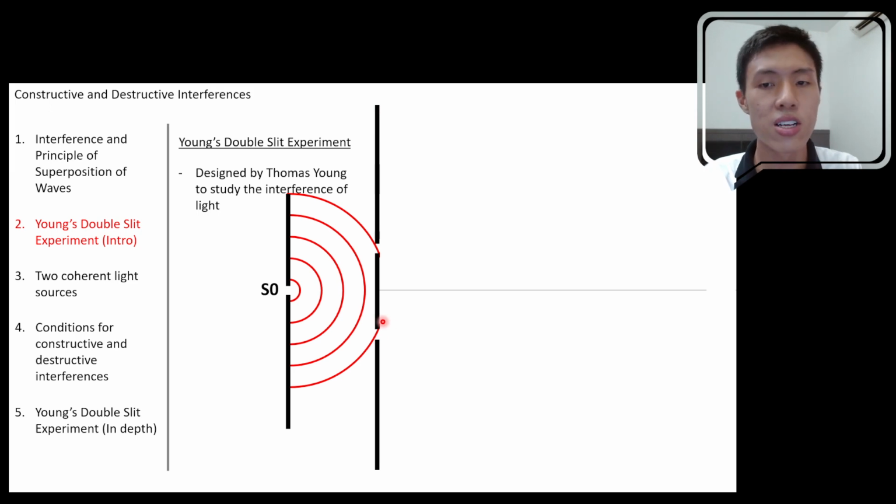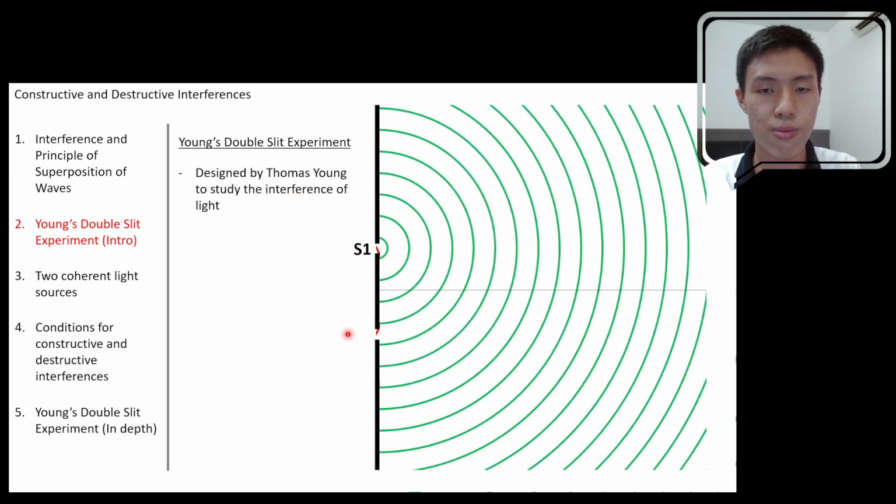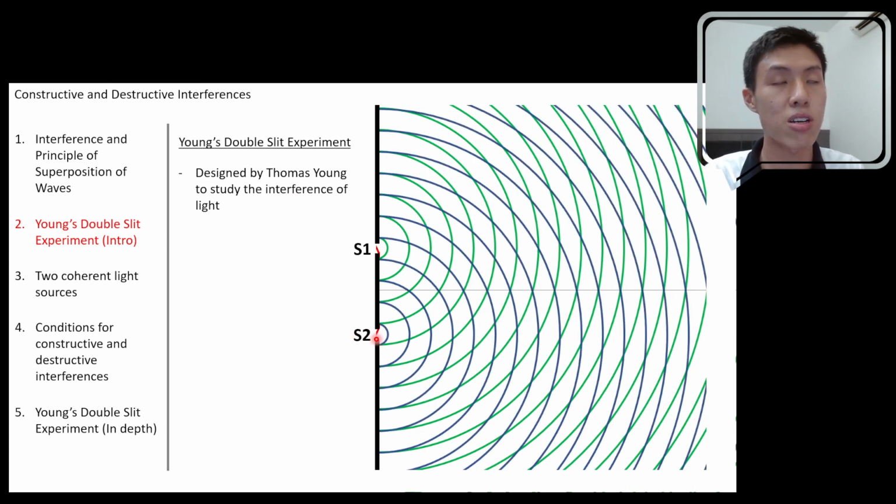So you have light emerging from slit 1 and light emerging from slit 2, and they happen simultaneously, concurrently. There will be two light waves coming out from these two slits, and they are going to overlap in the same region here. Because they overlap, you know that the phenomenon of interference will occur. We are going to study the pattern due to this interference later on.